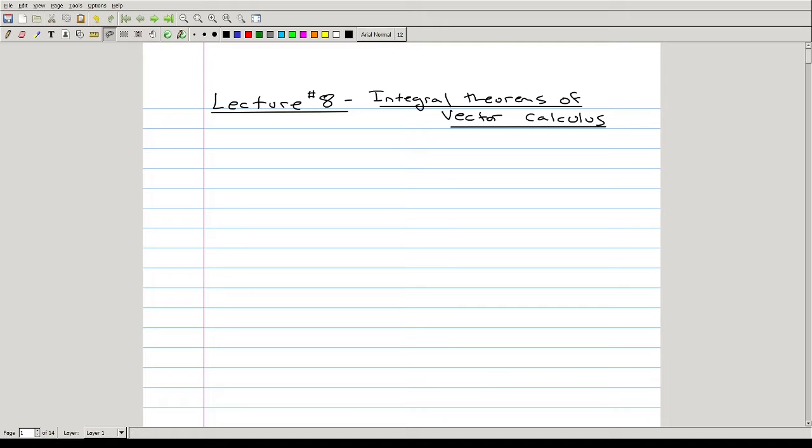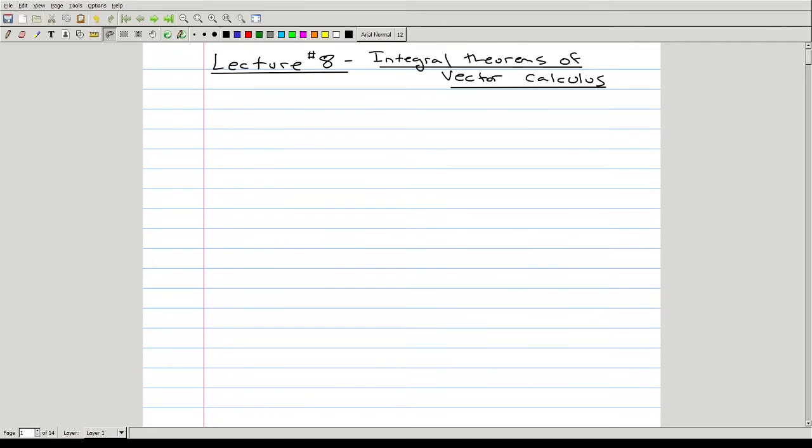So the idea here is we'll kind of jump right into the first theorem that we're going to talk about today, which is called the Kelvin-Stokes Theorem.